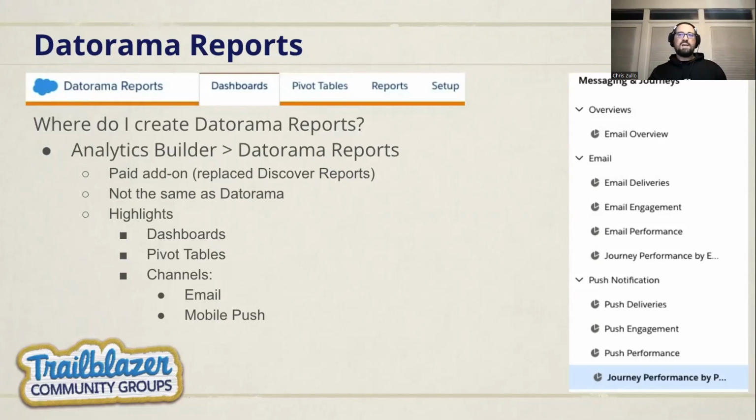And then there are journey specific options as well, but that's more holistic and kind of overlaps the channels, if you will. There are four main things: the dashboards, the pivot tables, the underlying reports, and a setup option from an administrative perspective where you can make some modifications and manage your reports for your environment.